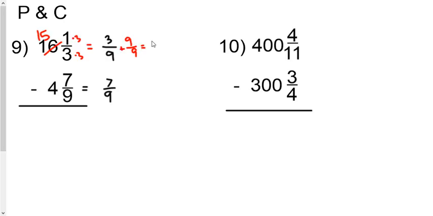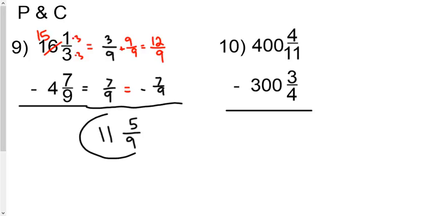And so this will become 12/9. Let's bring this on over. We'll make this one still 7/9. Let's subtract it. This finally equals 5/9, and 15 minus 4 is 11.